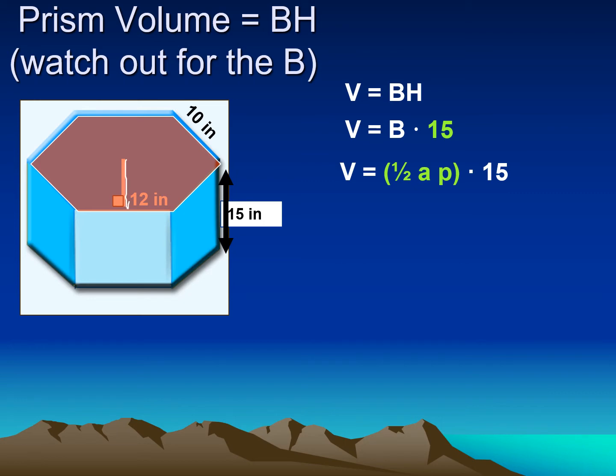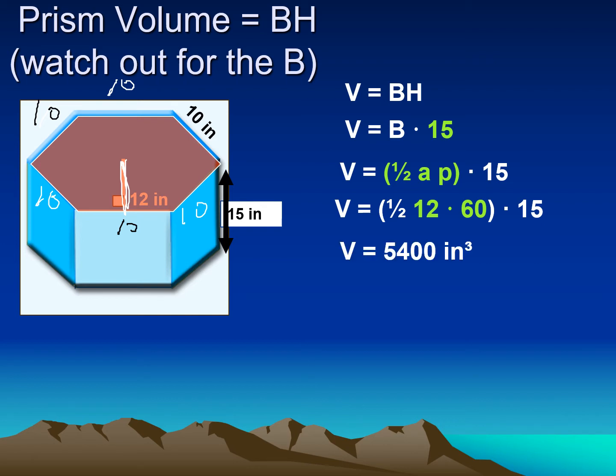And your apothem was your 12. And your perimeter, not 10, perimeter all the way around, 10, 10, 10, 10, 10, 10. So that'll be 60. Your apothem was 12, and then take half of it or divide it by 2. Put it all in the calculator, 5,400 cubic inches.